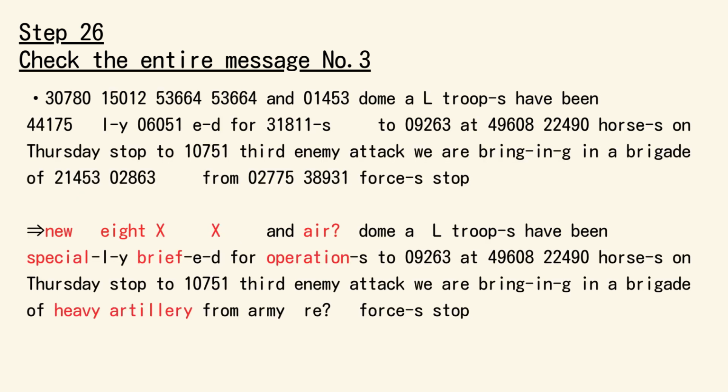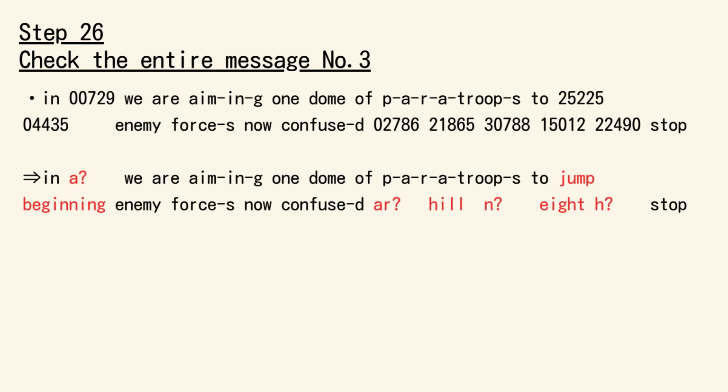New 8XX and Air, Dome AL troops have been specially briefed for operations to 09263 at 49,608 22,490 horses on Thursday. Stop to 10,751 third enemy attack. We are bringing in a brigade of heavy artillery from Army Reserve Forces stop. In A. We are aiming one dome of paratroops to jump beginning enemy forces now confused AR. Hill N. 8th stop."